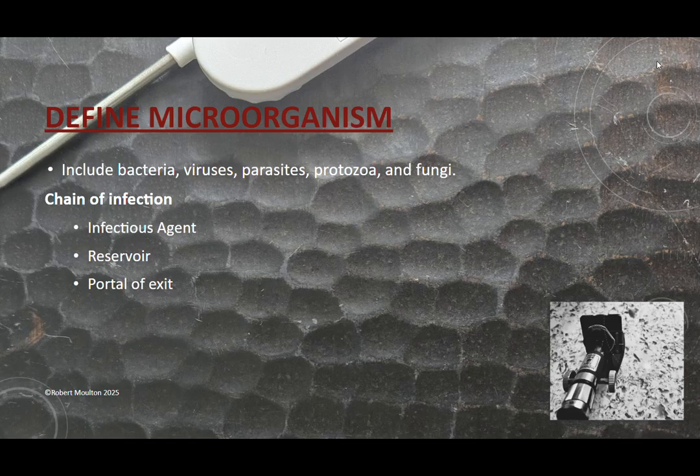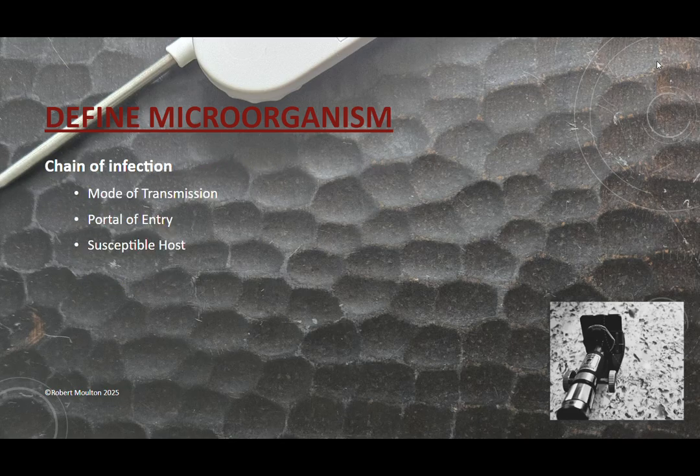Once they get to a strong enough level, they need a portal of exit, which is the way they leave that host and leave that safe space, such as through droplets when someone coughs, or leaving the lungs and mouth through mucus, or any other way that allows them to leave your body through one of your openings, like through your nose or your mouth or your eyes.